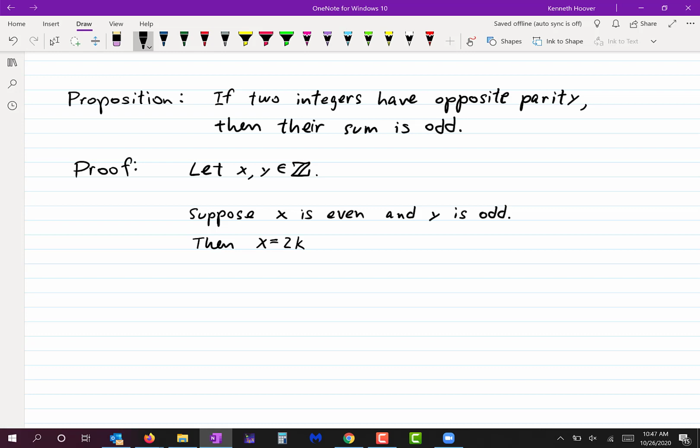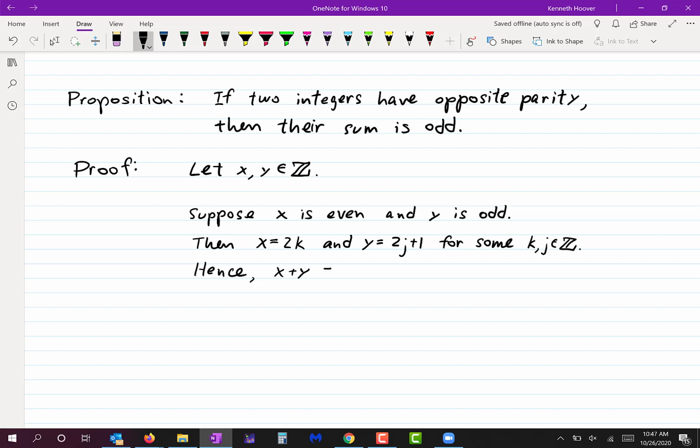Then x equals 2k and y equals 2j plus 1 for some integers k and j. Hence, what will their sum look like?